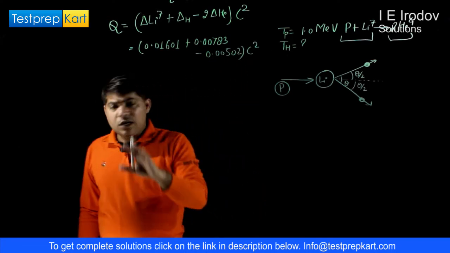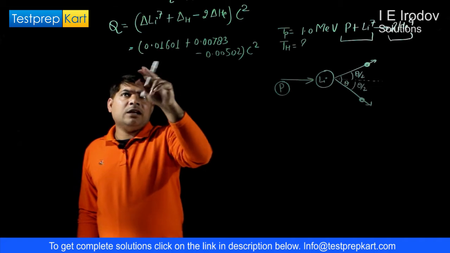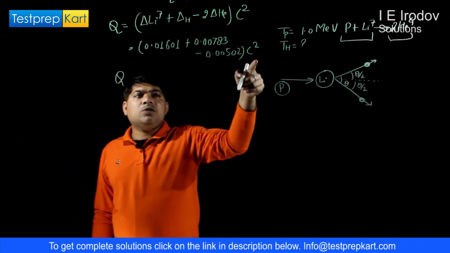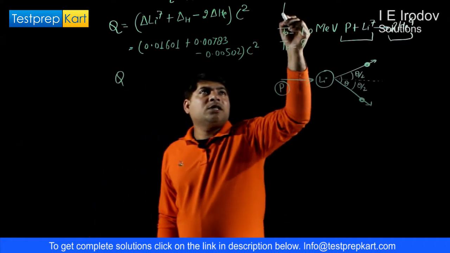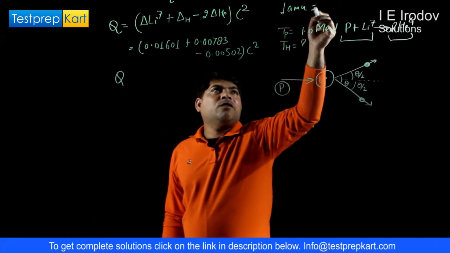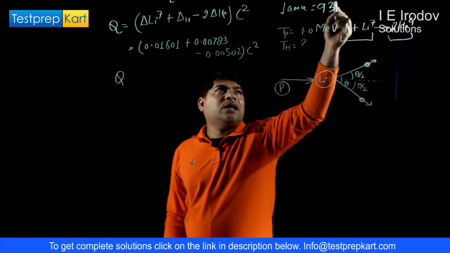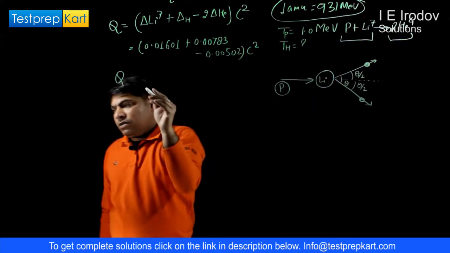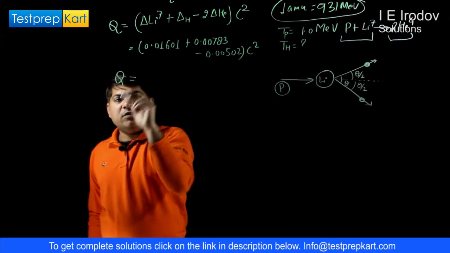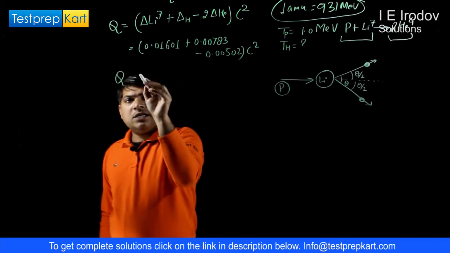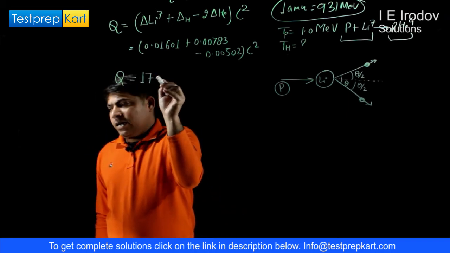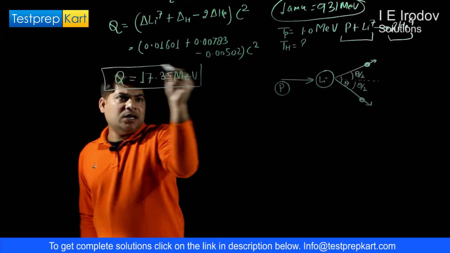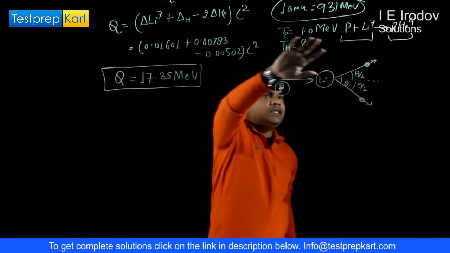We convert this atomic mass unit into MeV, and we must be aware that 1 AMU is equal to 931 MeV. These are well-known standard values. So from here we can calculate the energy of this reaction as 17.35 MeV. This is the second piece of information that we can extract from this reaction.